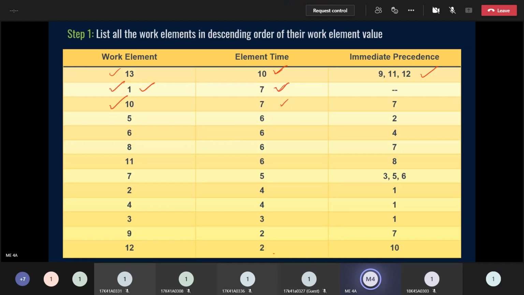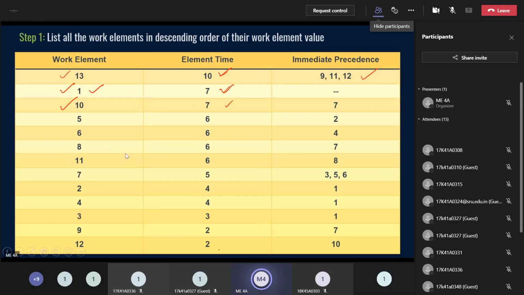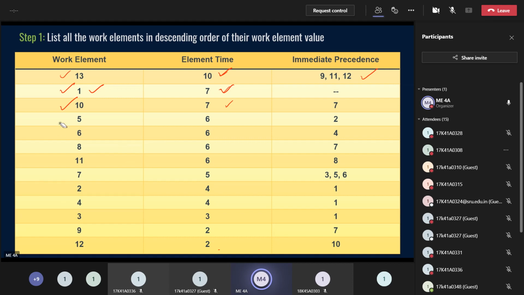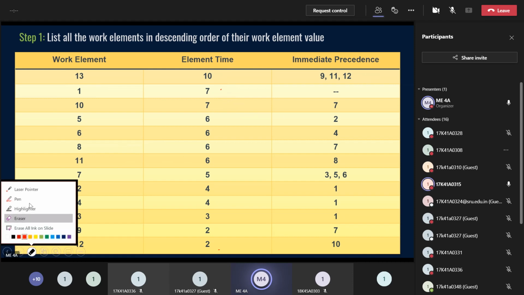So what element can I take? Again, start from the top. We start from 13.